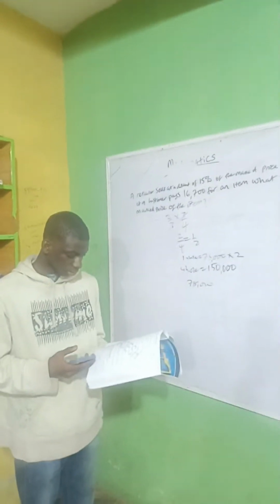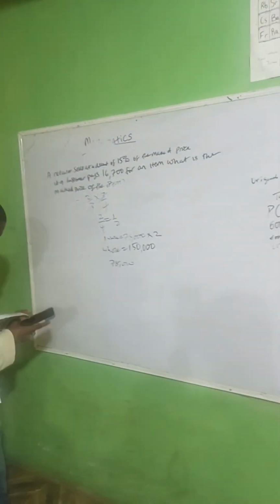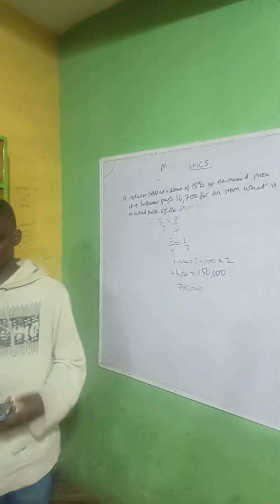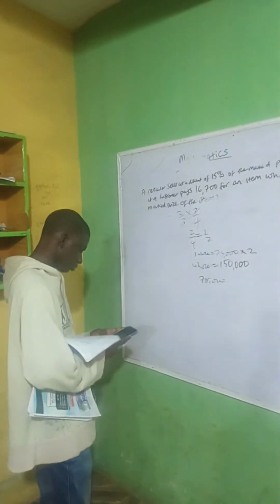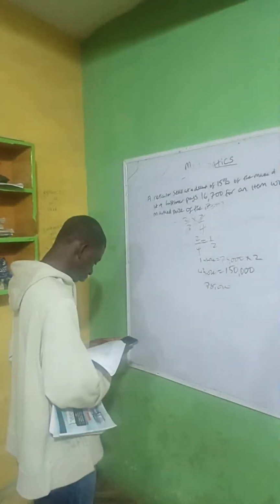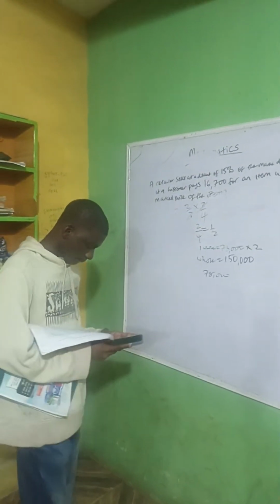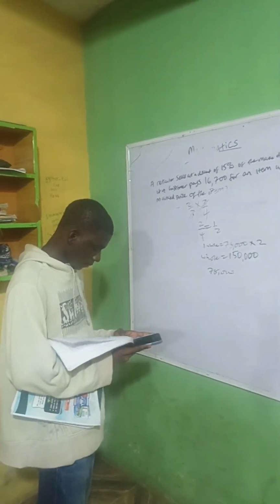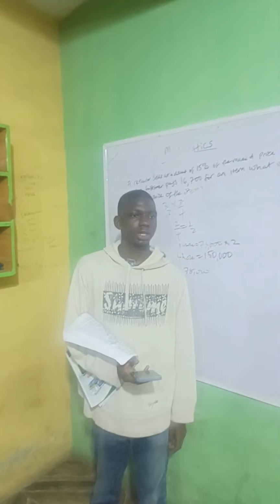So now, they said, what is the value of x in 3 raised to power x equals 243? People, are you with us?